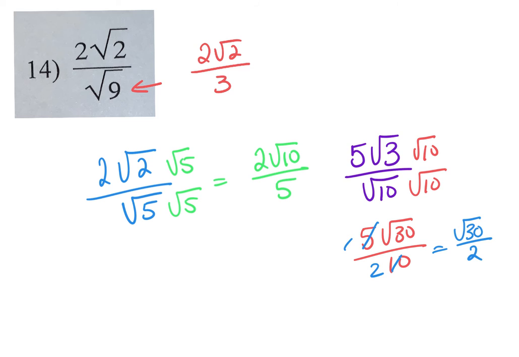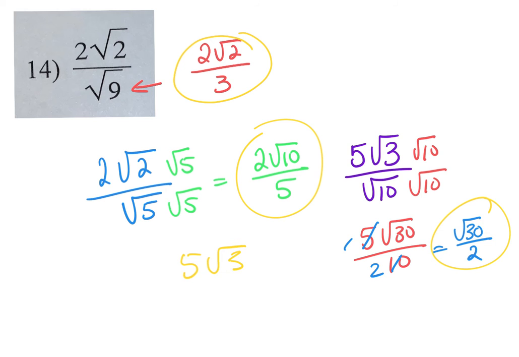So these are 3 different scenarios. You have a scenario where all I have to do is really take a root and I'm done. Or I have to rationalize, but I can't reduce. Or you could rationalize and then be able to reduce, okay? Now, keep in mind, if you can reduce up front, reduce up front. So if I had 5 square root of 3 over 10 square root of 6, I would be reducing before I did anything here, okay?